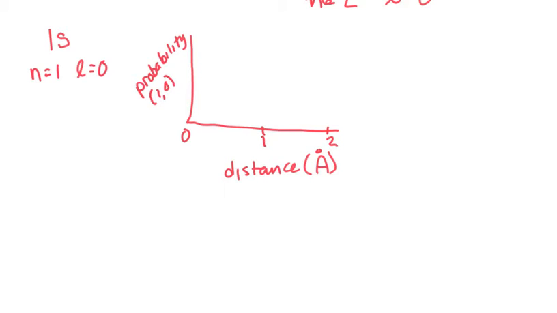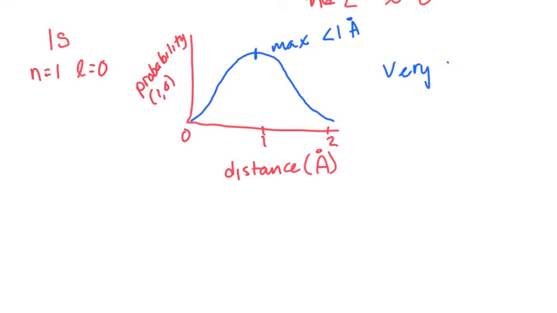And what they found is basically this. That the max value was just slightly under 1 angstrom. So what this tells us is that the highest probability of finding an electron is going to be just under 1 angstrom from the nucleus.